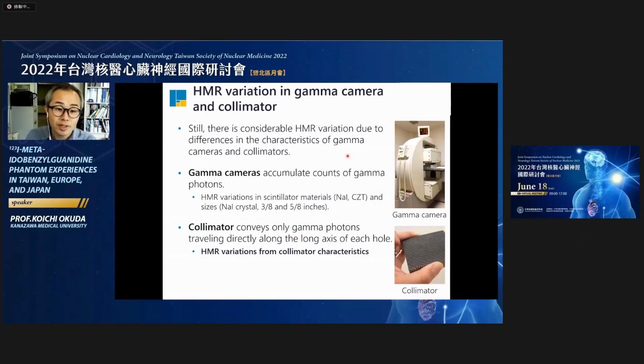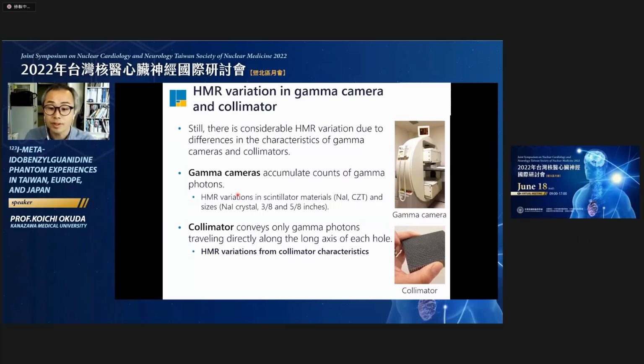Still, there is considerable HMR variation due to differences in the characteristics of gamma cameras and collimators. Here you can see two photos, a gamma camera system and a collimator. Collimators are set in the front of the gamma cameras here. Gamma cameras accumulate counts of gamma photons.